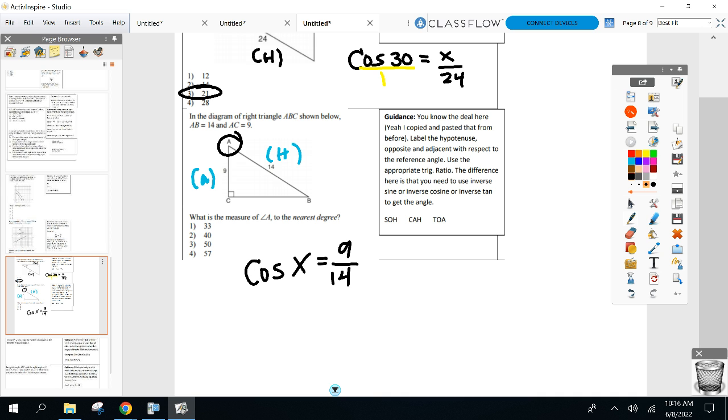Anybody remember the special calculator? Molly! Perfect. Inverse. Remember using the inverse? x equals the inverse of cosine 9 over 14. So that's your second button on cosine on your calculator. That's only for finding an angle. If you find a side, you cross multiply.